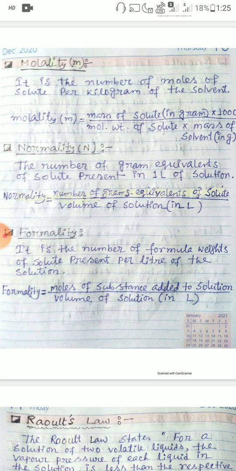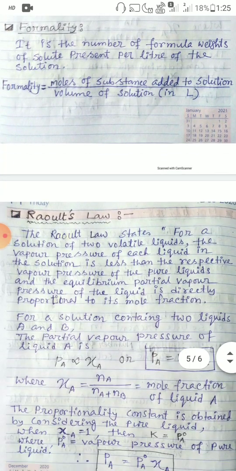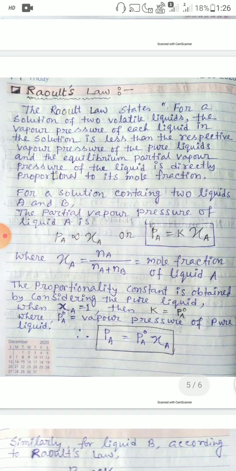Okay. Now, an important law of this chapter of solutions, Raoult's law. We know that every volatile liquid has a vapor pressure, because volatile substances are those substances which can easily pass to the vapor state from their liquid state. So volatile liquids can also be defined as the liquids which can easily pass into vapor state from their liquid state.